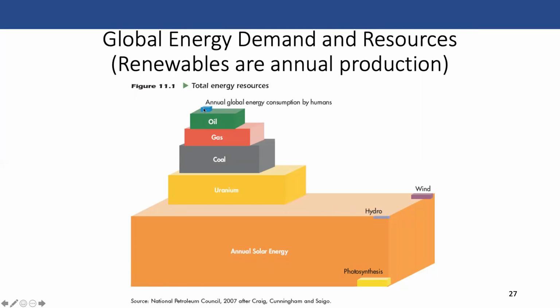Oh, sorry, the blue is the annual global energy consumption by humans, and the rest of these are all resources. So there are slightly different metrics here. For all of the renewables, that is the annual amount that's available, whereas for oil, gas, coal, and uranium, it is the rough total reserve available for each of these resources.